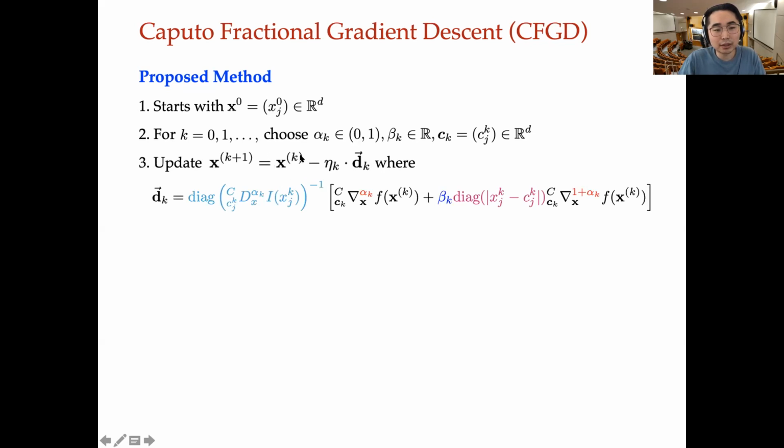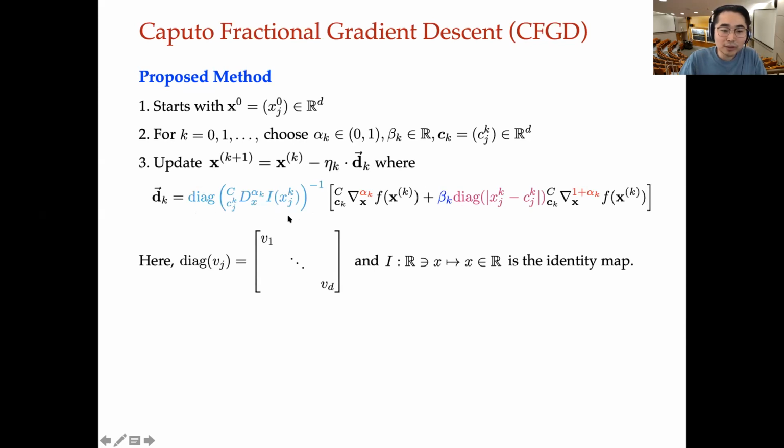So you have a choice, and you update your current solution according to this. This is just our current position, eta k is the step size, and dk, a vector, is a direction defined as follows. First of all, we have a scaling factor here, a diagonal inverse. Here is some notation: diagonal Vj means a diagonal matrix whose components go like this, and you take the inverse.